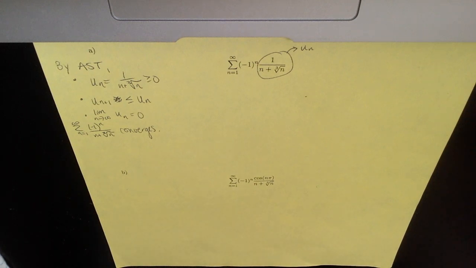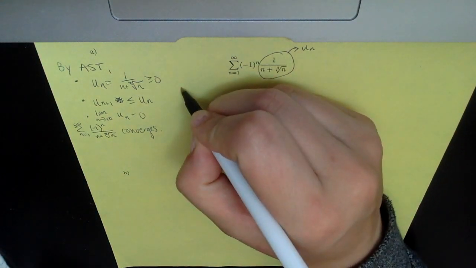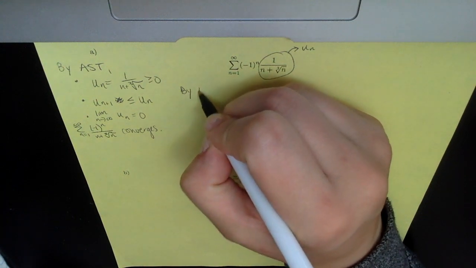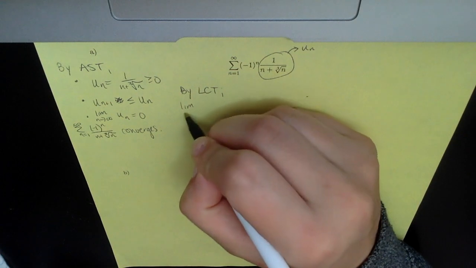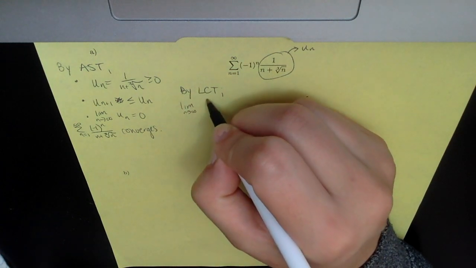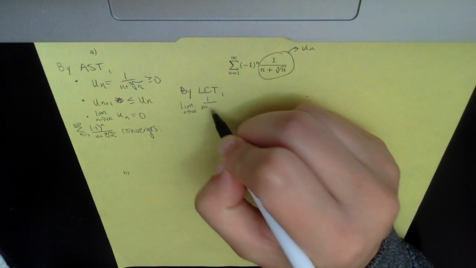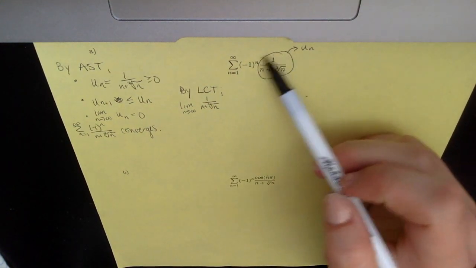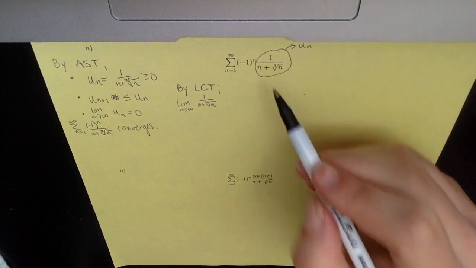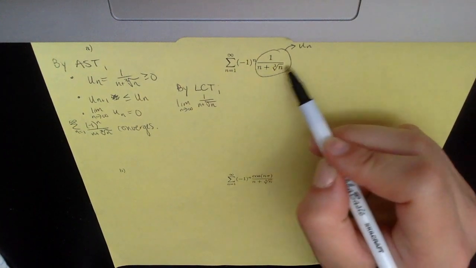Okay, now we can check to see that it does not converge absolutely using either the limit comparison test or the comparison test. So with the limit comparison test, the limit as n goes to infinity of 1 over, now notice the absolute value of the terms in the series are just going to be 1 over n plus the cube root of n, right?